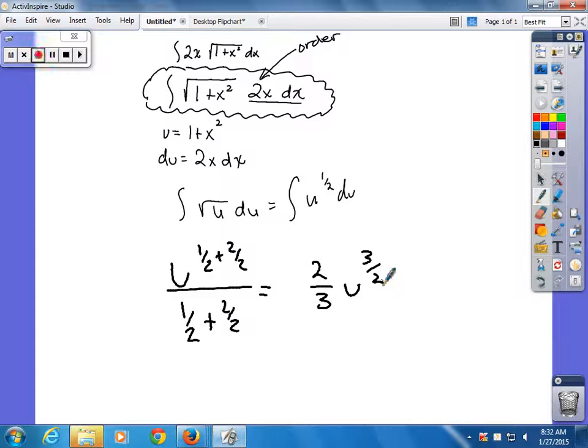And now what do we do with the u? Plug it back in and go ahead and use this.